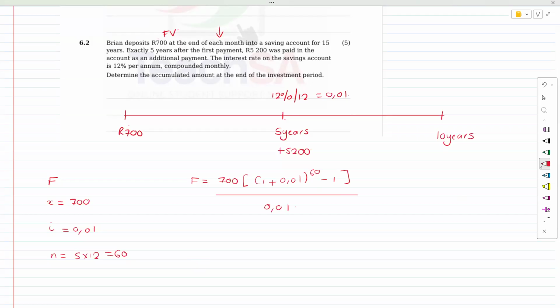0.01. Let me double check this one. This is 700 into 1.01 to the power of 60 minus 1, all over 0.01. This one is a little bit of a weird answer. I do need to double check.